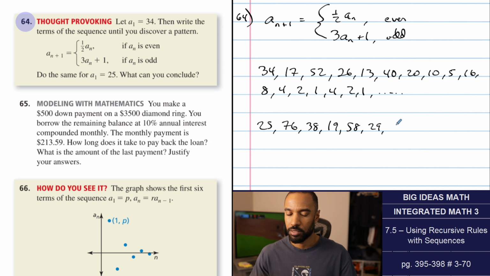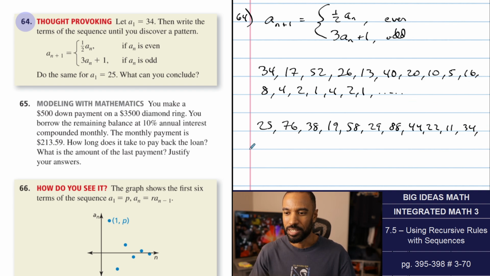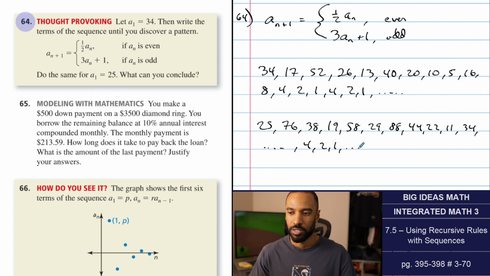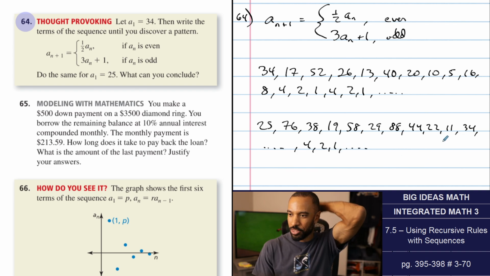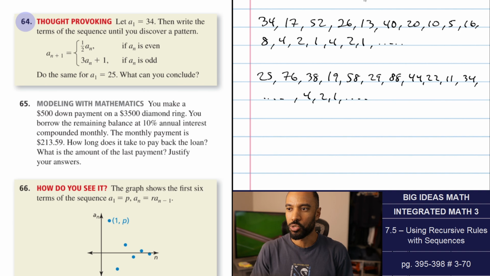Triple it, 87, plus 1 is 88. Half. Triple plus 1 is 34. Oh, and then we get to here. 421, etc. So we hit 34 and then we got there. So eventually we get to 421.